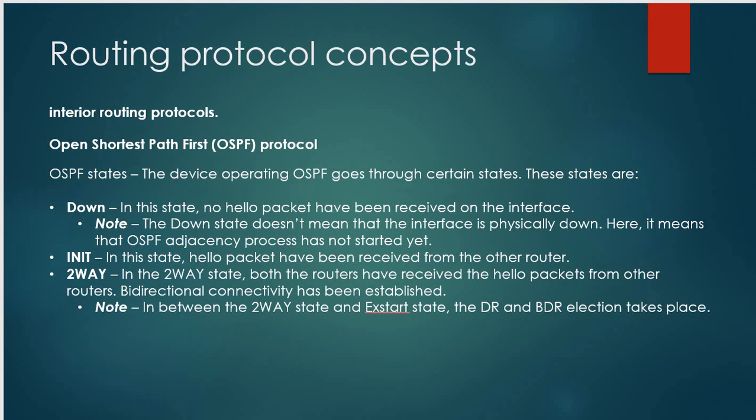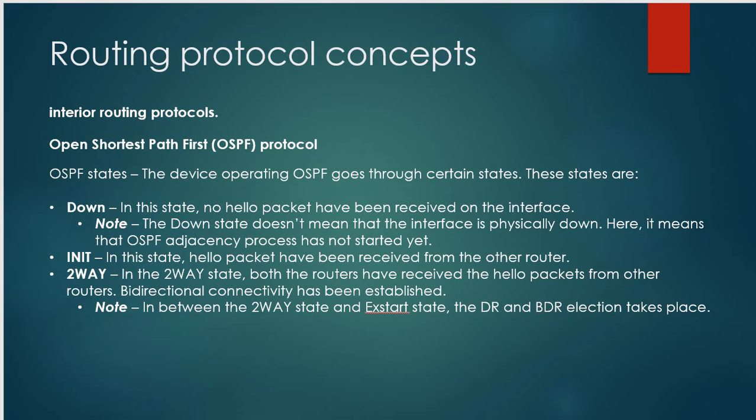In this state, no hello packets have been received on the interface. Note that the Down state does not mean that the interface is physically down. Here it means that the OSPF adjacency process has not started yet.